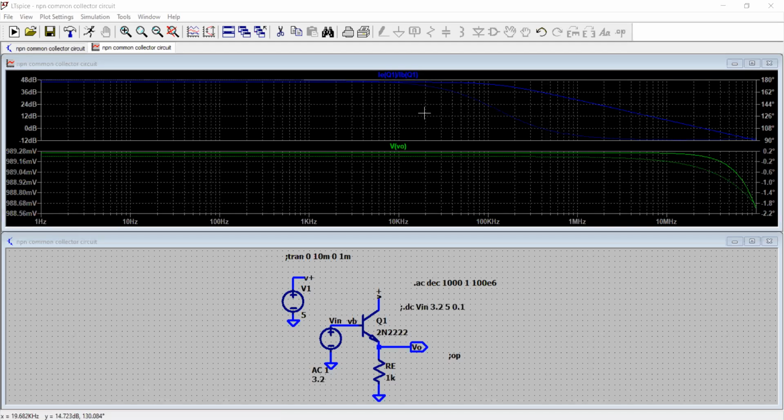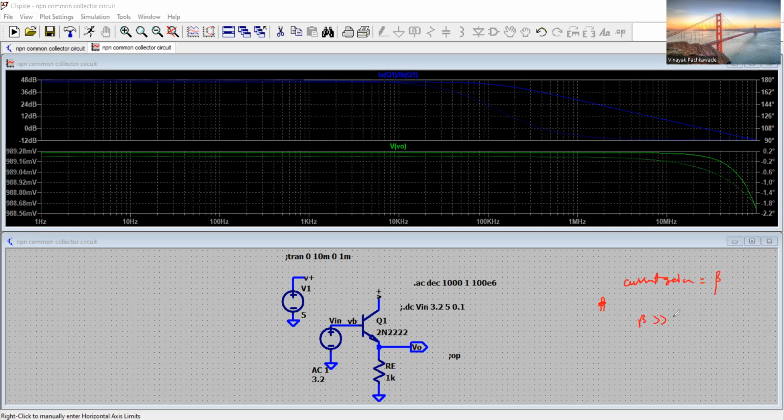Actually, the theoretical current gain of this transistor is beta. This is the current gain, which is beta. And beta is very much greater than 1. So for this transistor, beta is 200. So the current gain that we see here, we can plot.